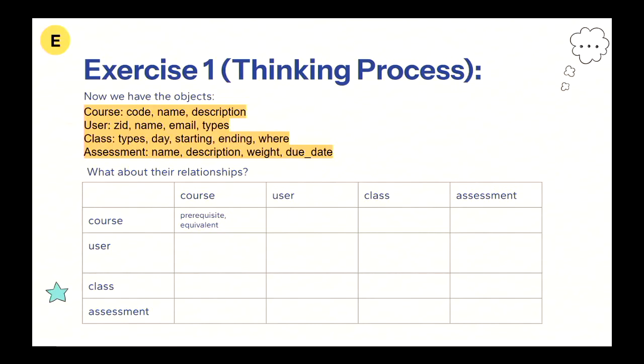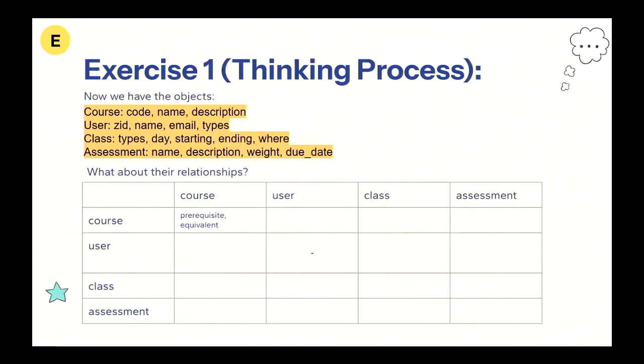Actually, there could be this kind of relation, but we could use other relations to represent this. Because I'm teaching 3311, and you are learning 3311, we don't really need a direct connection between you and me. We are connected through 3311. So let's put no relation here.